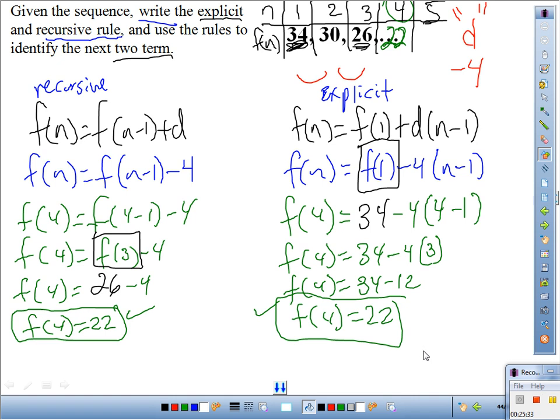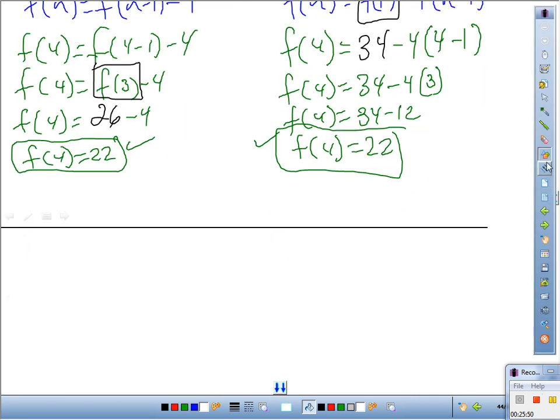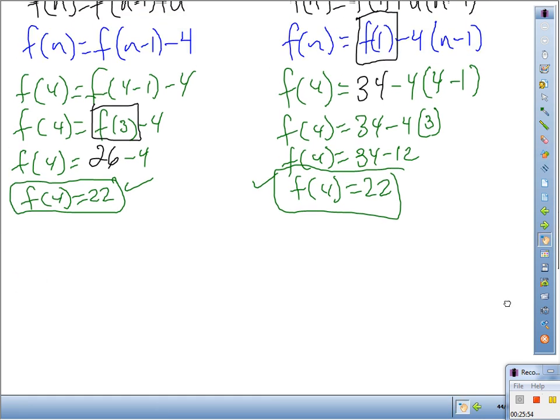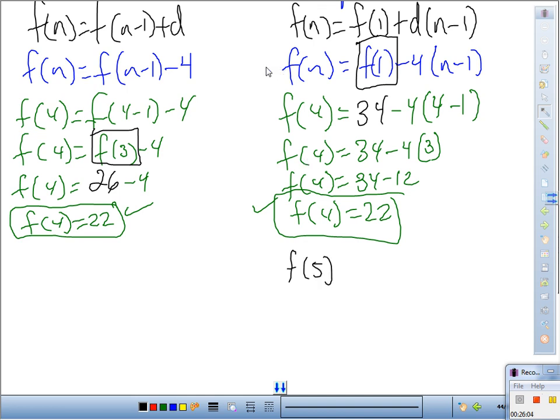All right. So let me show you now the fifth term using the explicit again. So do I need to write this top one? No, I can continue from here and substitute the f of 5, right? F of 5, so I'm using this one.